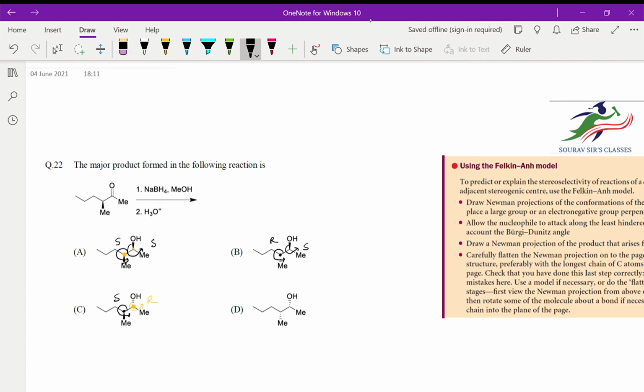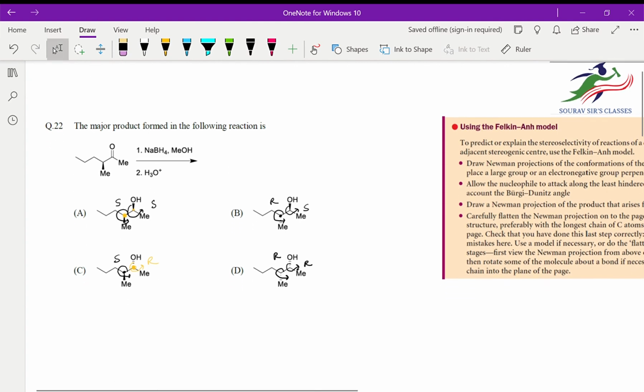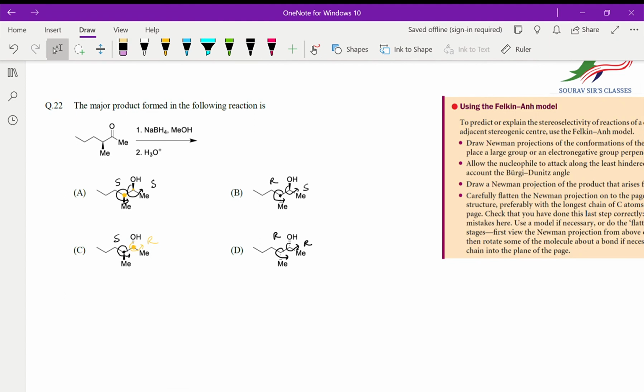Now for the last one, obviously keep the comparison with C, you will call this again R. And if you compare with B, then this particular one is going to be again R. Okay, that is how you can apply quickly and assign the RS nomenclature to the stereo centers.